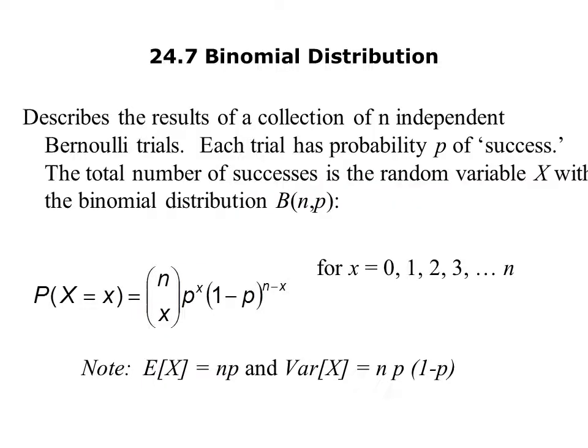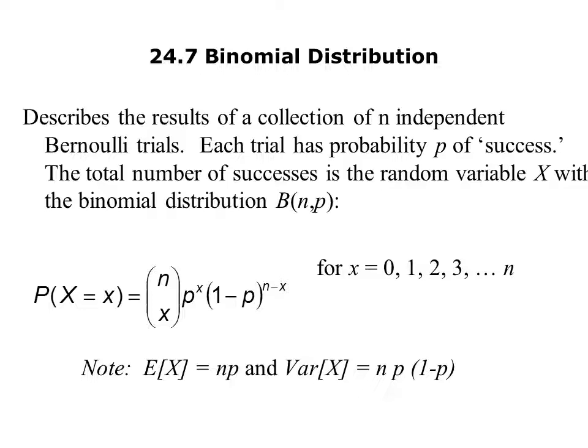In 24.7, we look at the binomial distribution. The binomial distribution describes the results of a collection of n independent Bernoulli trials. Bernoulli trials are individual outcomes that have a certain likelihood of occurrence, something as simple as a coin toss or the roll of a die.